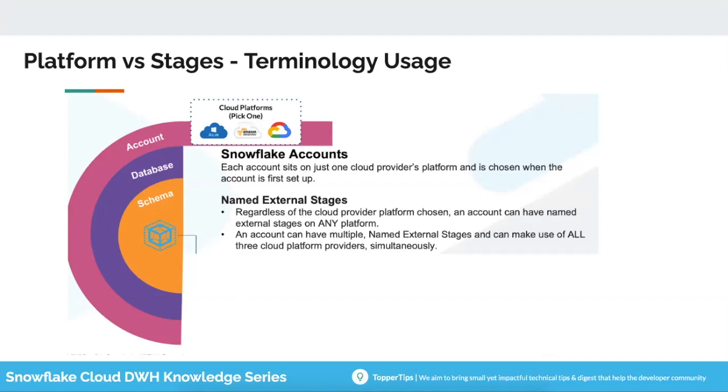Yes, it is possible. An account can have multiple named external stages and can make use of all three cloud platform providers simultaneously. So you may get a dataset in an ADLS Gen2, S3, or GCP bucket, and your Snowflake account can be hosted on Azure and have external named stages to all three platforms.